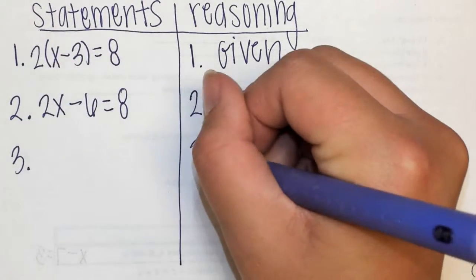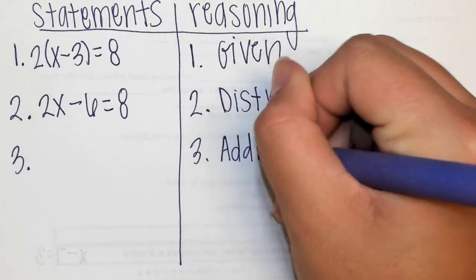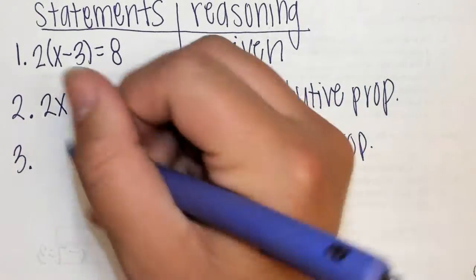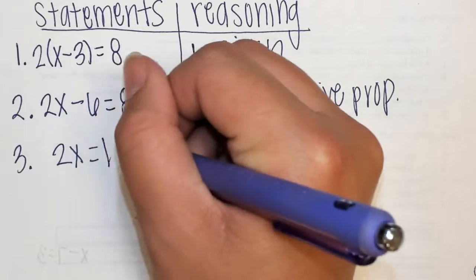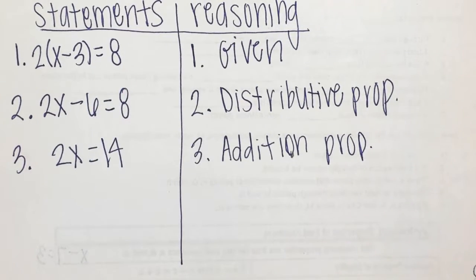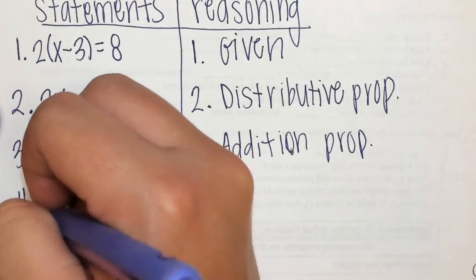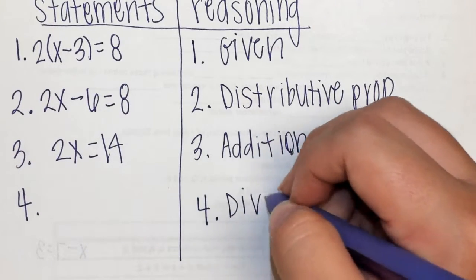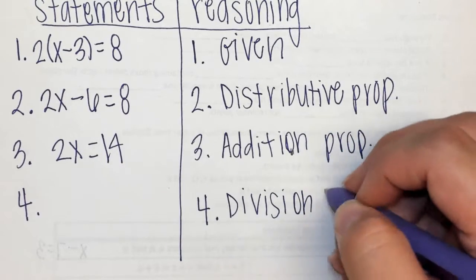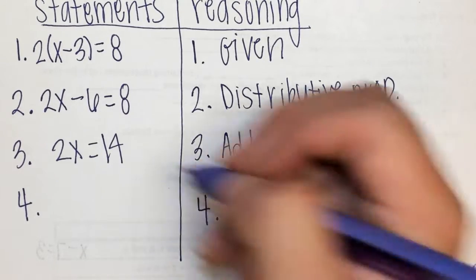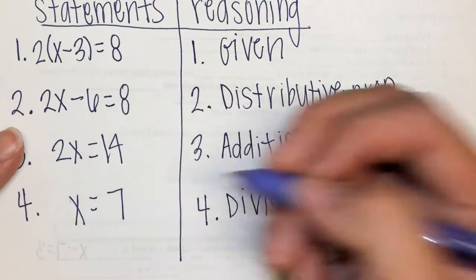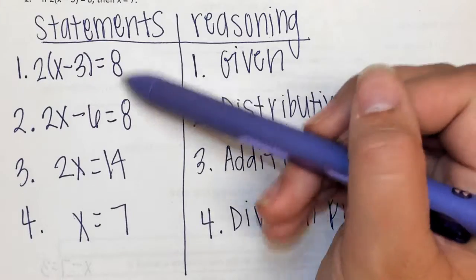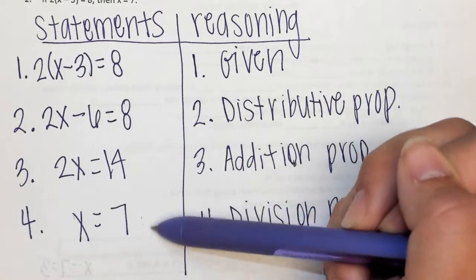Okay, well what property is that? Okay, so I'm going to write addition property, and then I'm going to add 6. So 2x is equal to 14. And then 4, what property are we using? Division. Division property. So 14 divided by 2 is 7. Is that your conclusion you wanted? We started with the hypothesis they gave us. Did we end with the conclusion they wanted?